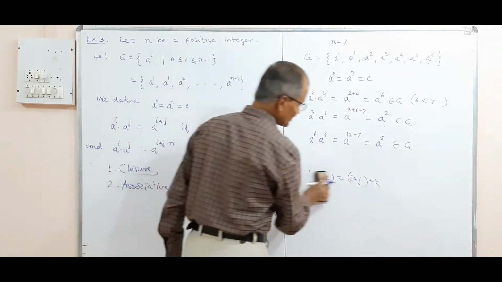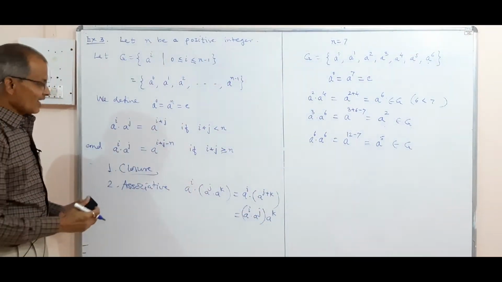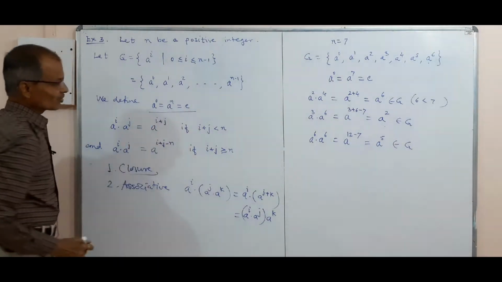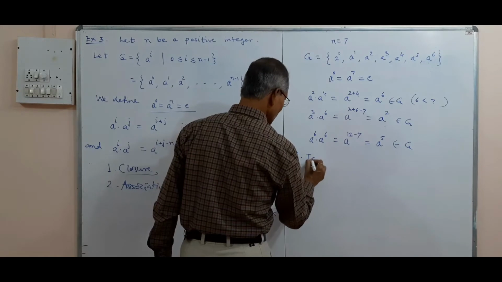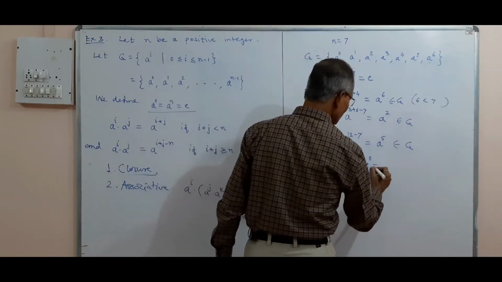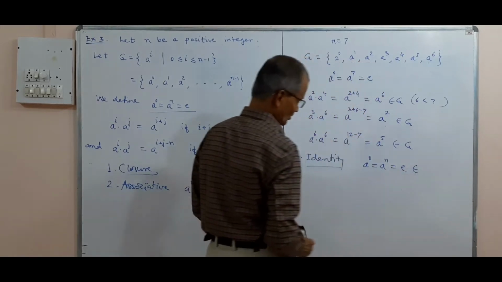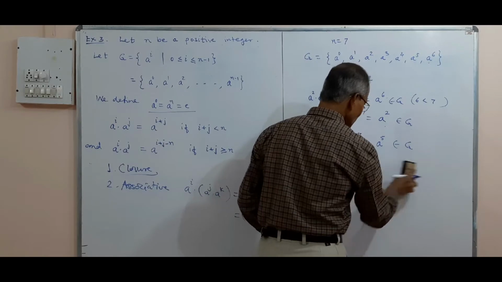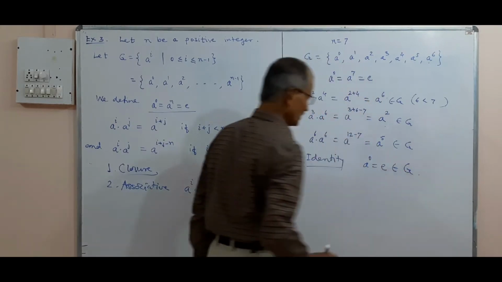Now what about the identity? Identity is given by definition. A raised to 0 is the identity. So the third condition is identity, and the identity is a to the power 0, which is also a to the power n, that is e, and that belongs to G, the identity element.